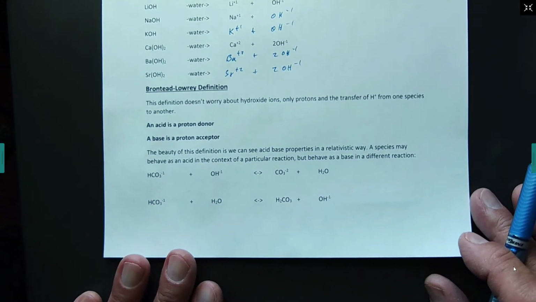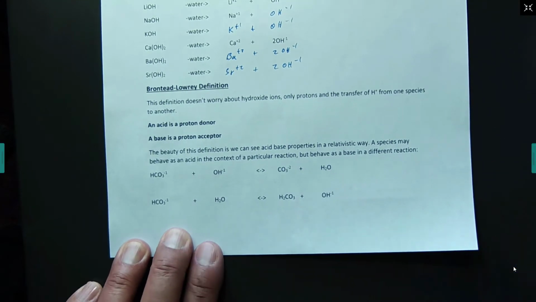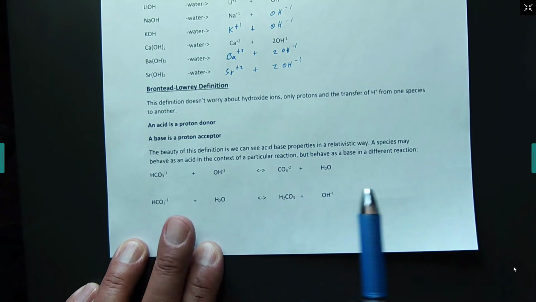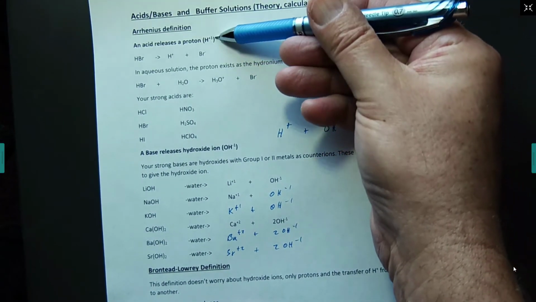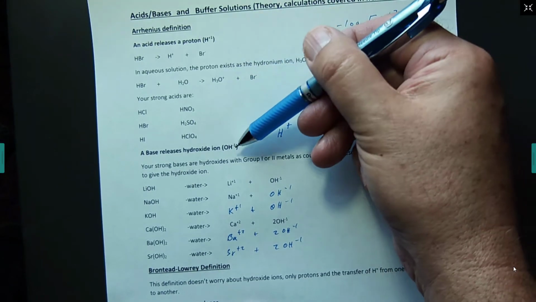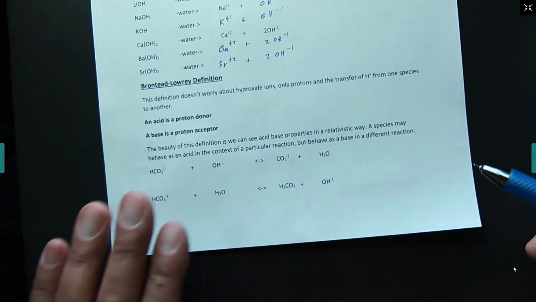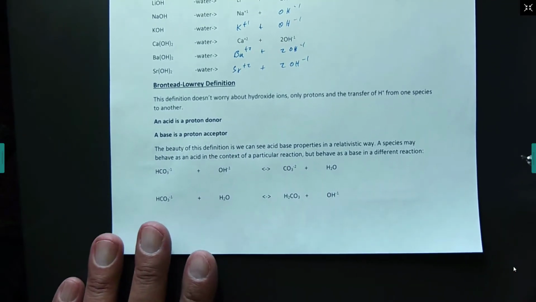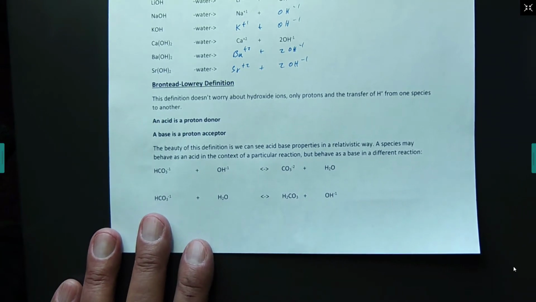The Bronsted-Lowry definition doesn't worry about hydroxide ions at all. Instead of having 2 different points of reference, as your old definition had, the newer definition here, all you're talking about are protons. You forget about hydroxide ions altogether. It's all about the protons.